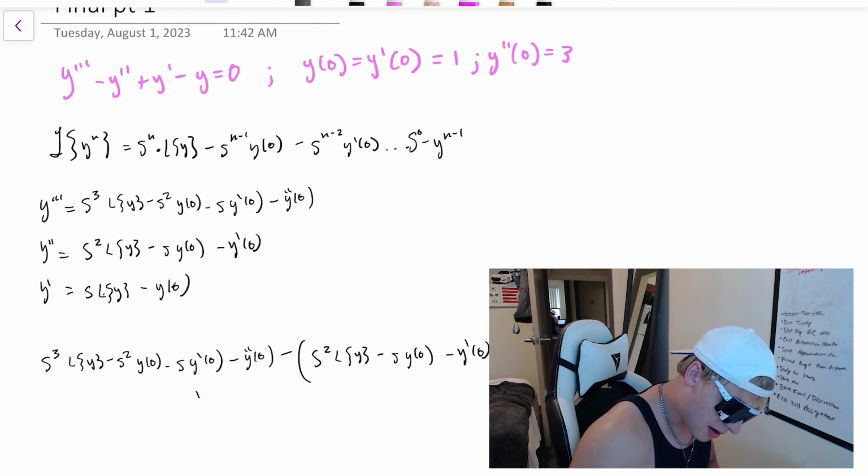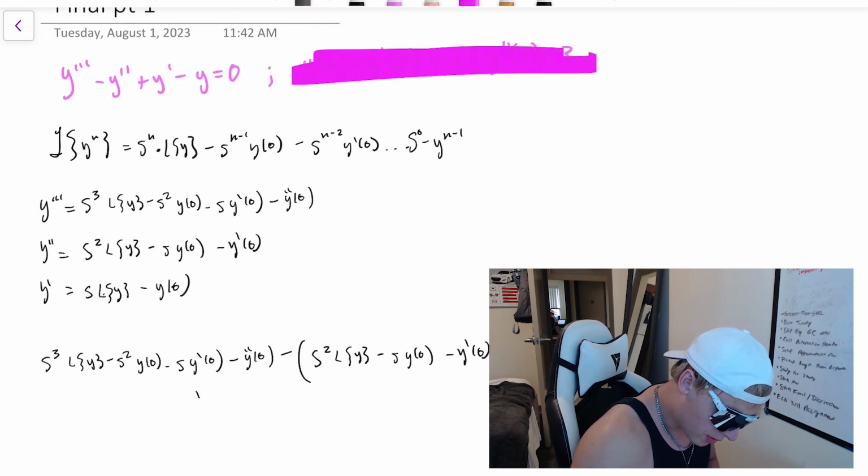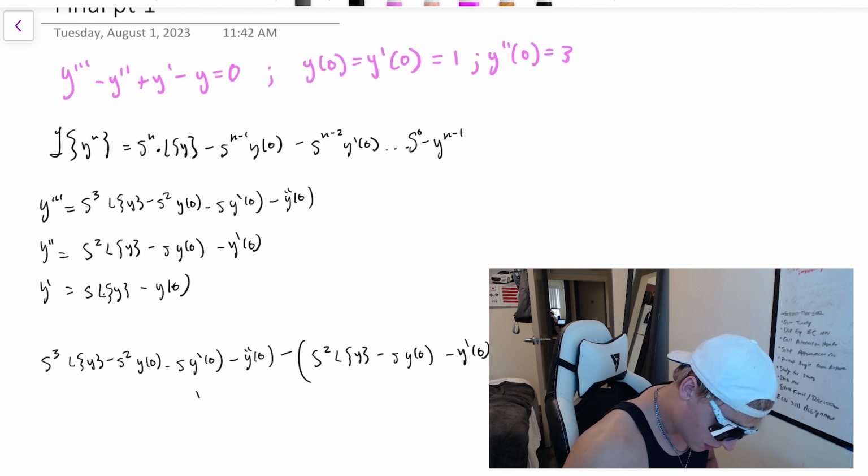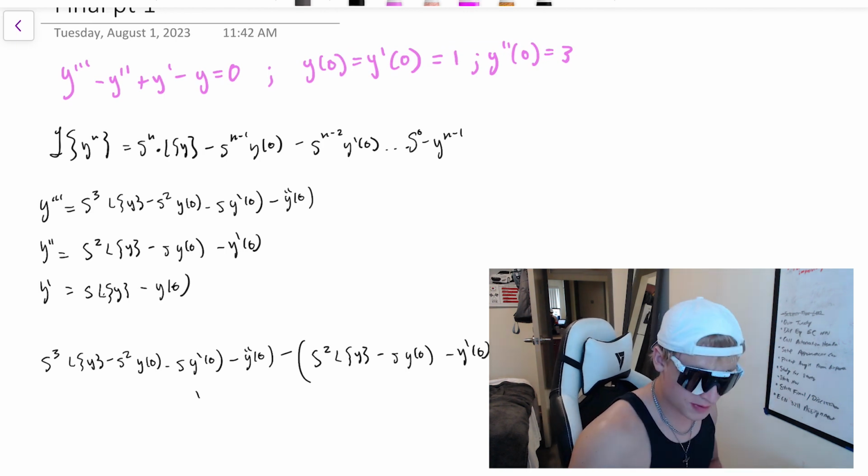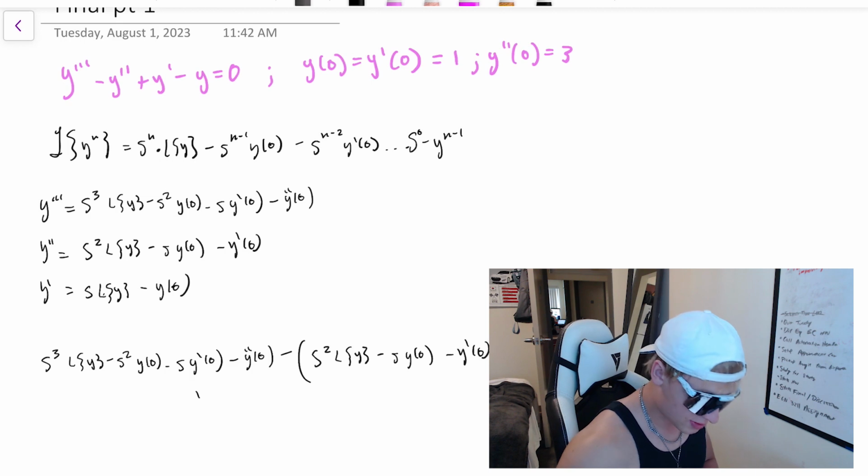As we have up here, we know that y of 0 and y prime of 0 are equal to 1, and y double prime of 0 is equal to 3.